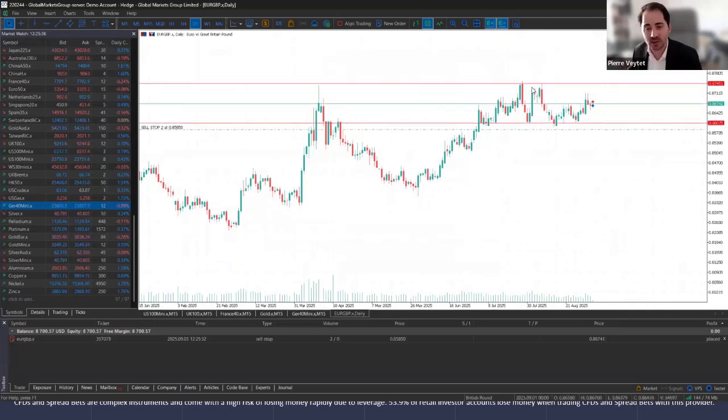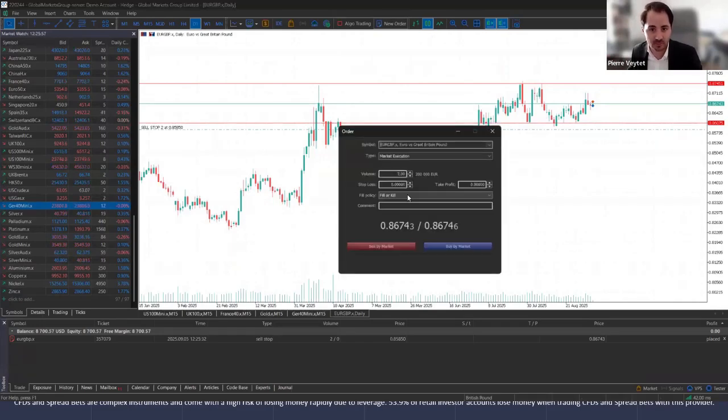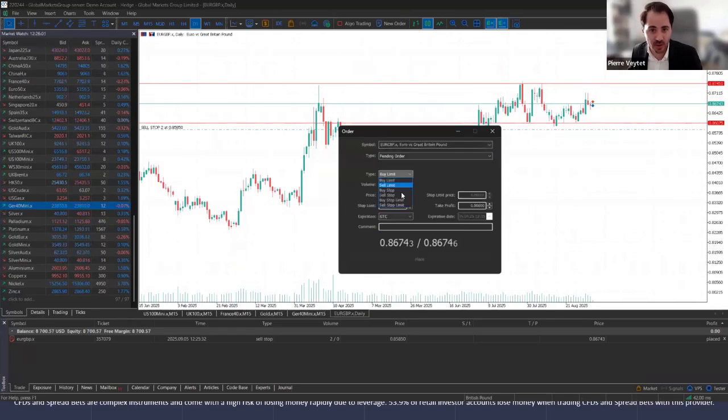When the market is ranging like this, at some point there's going to be a breakout in either direction. You can put a sell stop right there and a buy stop right there. Whenever the market decides which direction it is going to take, you're going to make sure you get executed. Okay. Actually, let's do this. Sorry. Click and buy stop.